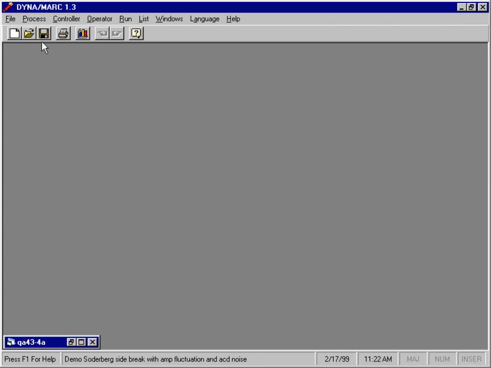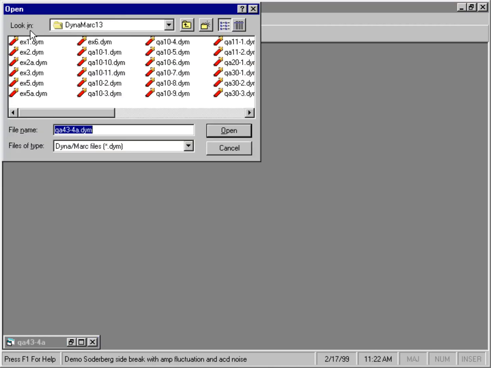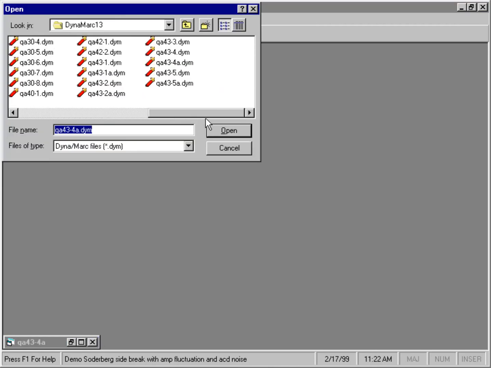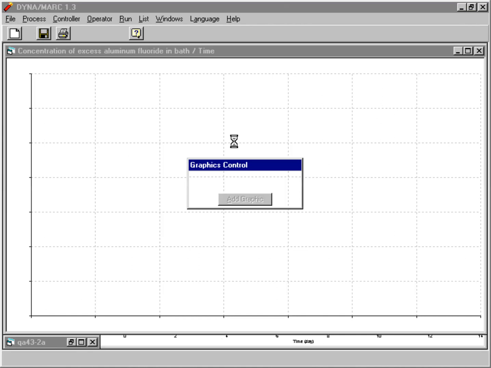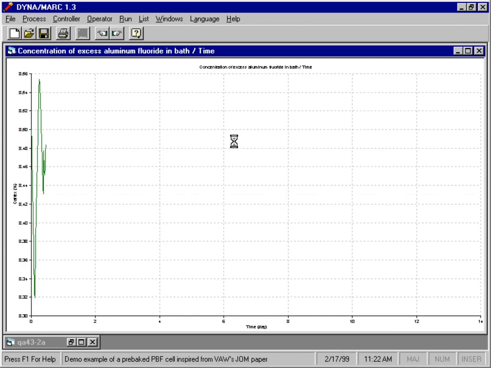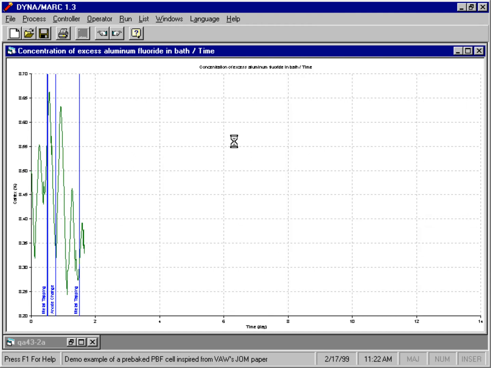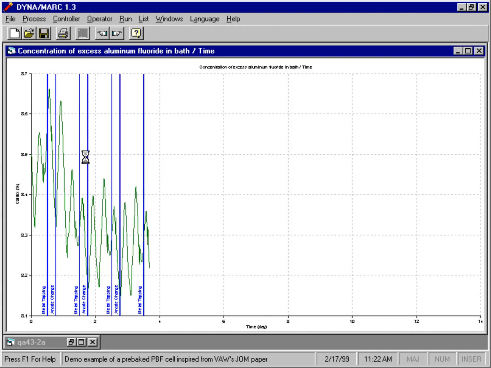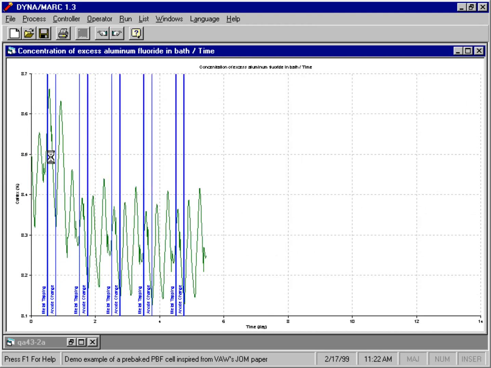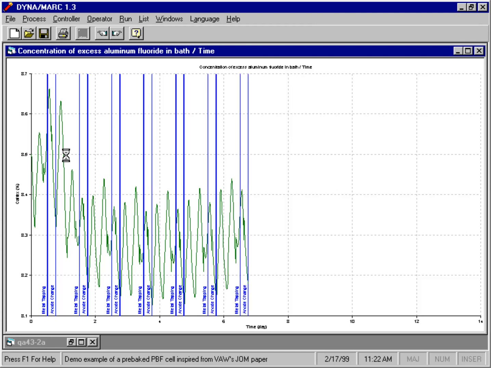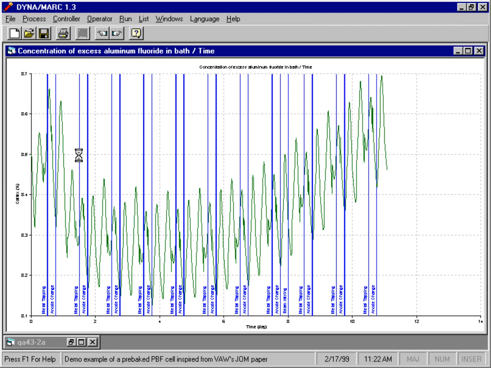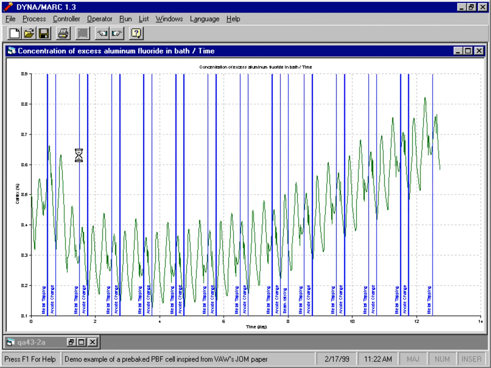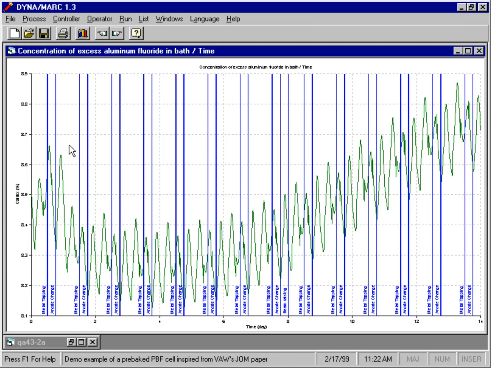There's also the addition of the ratio control facility. In this example, the cell is well under control at 8.5% excess AlF3, running at 300 kiloamps, but after a day of operation, the amperage is increased to 305.